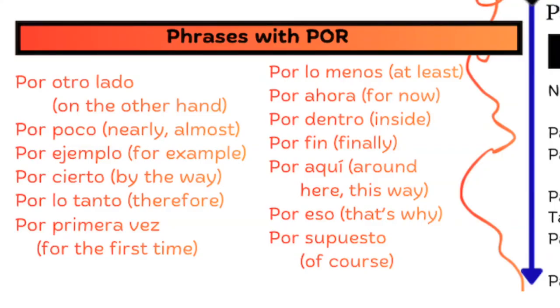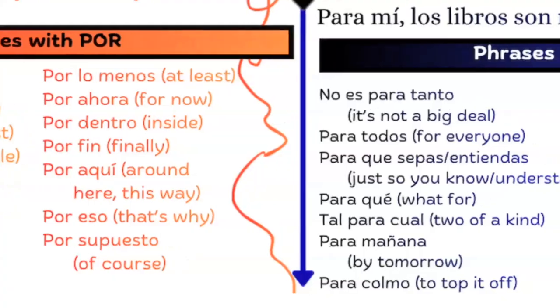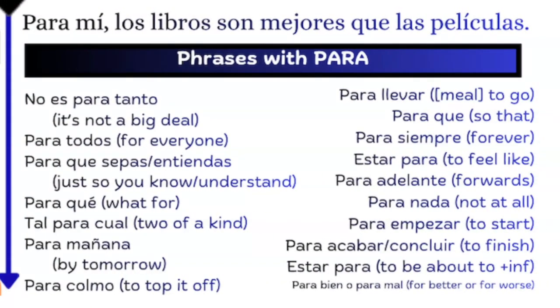And let's see some idiomatic expressions with para. No es para tanto. Para todos. Para que sepas or para que entiendas. ¿Para qué? Tal para cual. Para mañana. Para colmo. Para llevar.